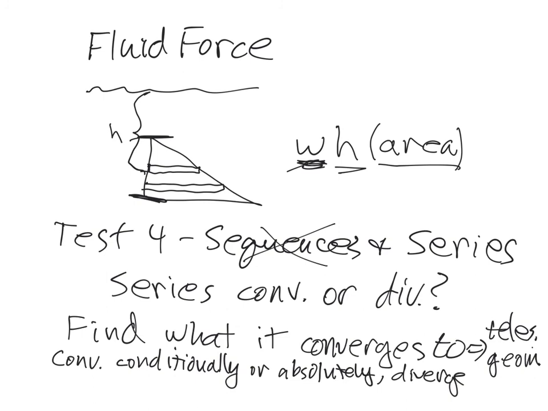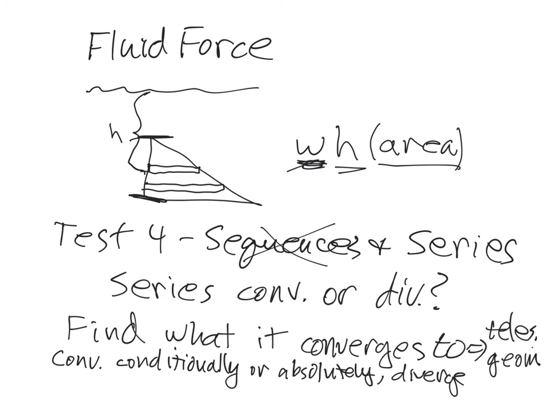If it diverges, well, we can't say diverges conditionally, it just diverges. Conditional would be convergence, so make sure you know how to show that. Okay, that is test 4.